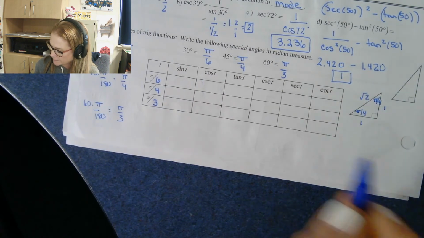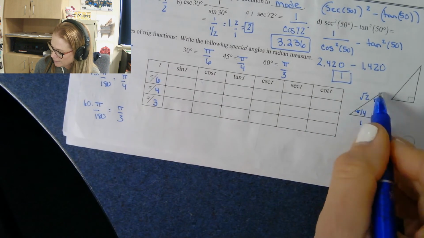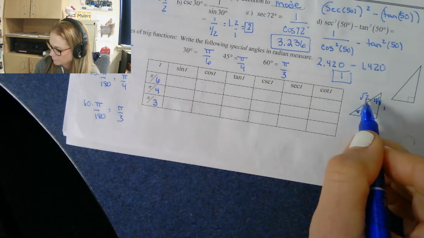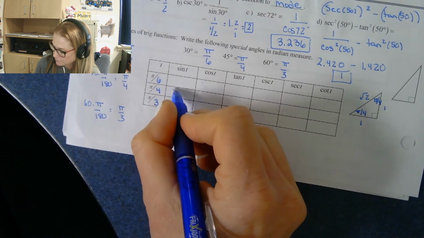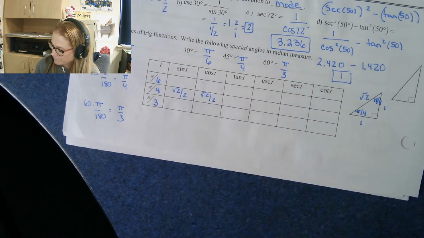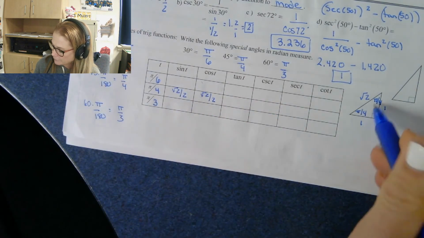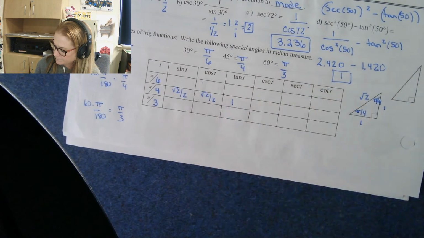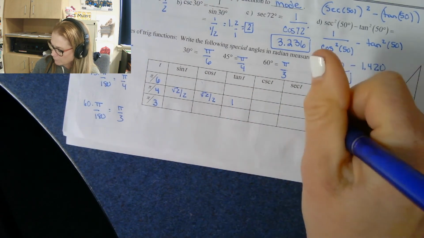So let's do this one. This is easy. Either reference angle, same result, 1 over root 2 when rationalized, root 2 over 2, root 2 over 2. And then whichever one you're looking at, 1 over 1, boom. Easy to reciprocate 1.